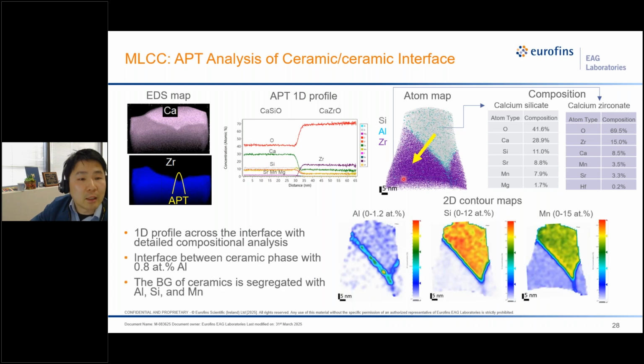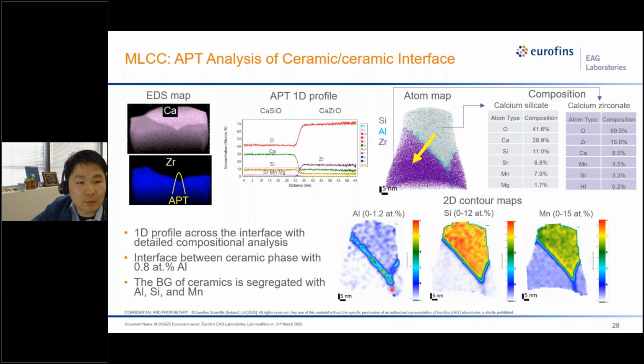And we can also do more detailed analysis on the grain boundaries or phase interfaces. Like these are the 2D contour maps for aluminum, silicon, and manganese, that we can identify the boundary between the primary and the secondary phase contains about 0.8% aluminum.